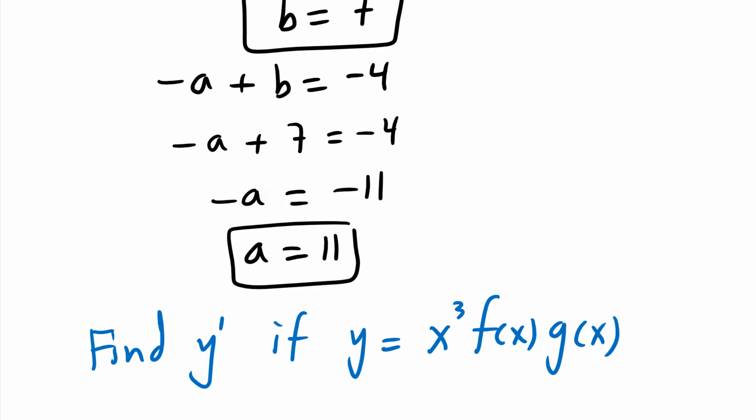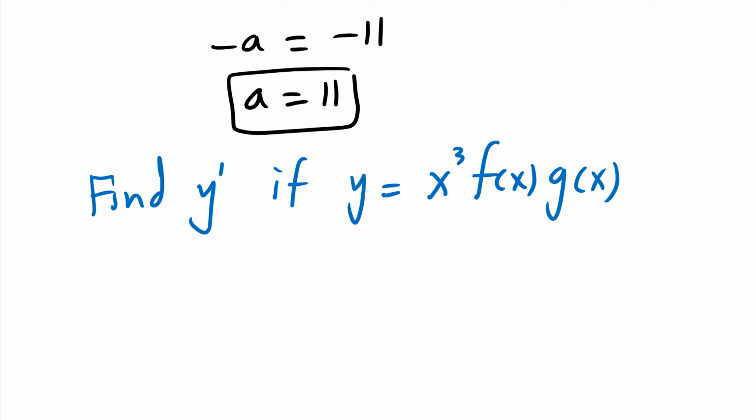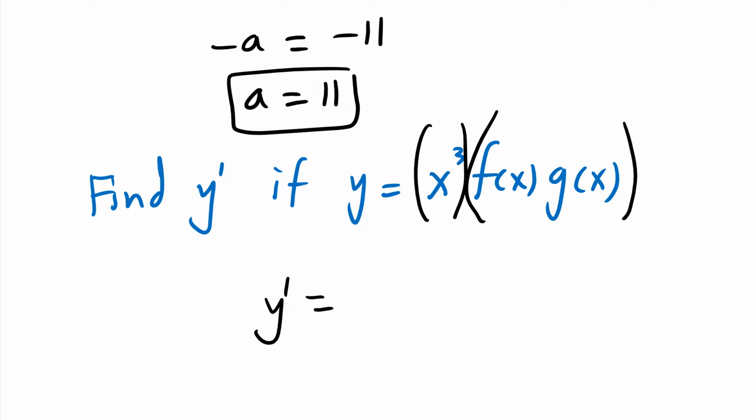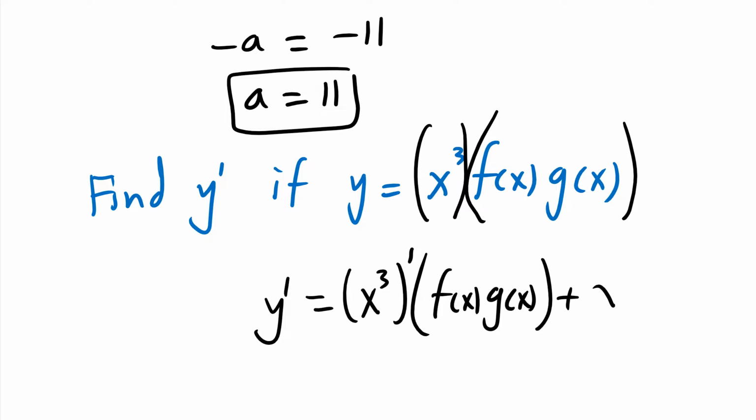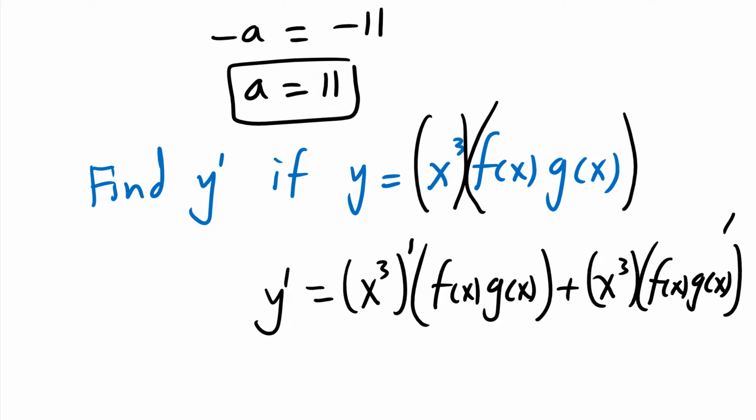So we can use the product rule first. You can group any of them as one function. Assume these two are one function, so you have one function here and one function there. The derivative is the derivative of the first one times the second one, plus the first one times the derivative of the second one.